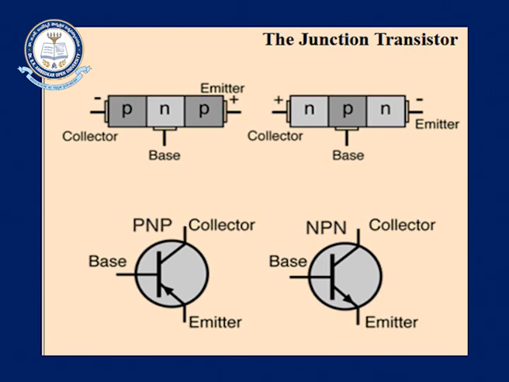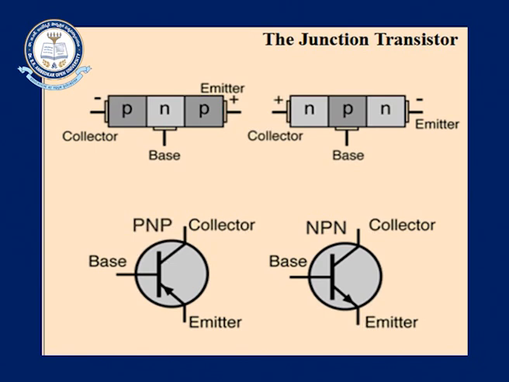In this 3 terminal PNP transistor, N is in the middle and the 2 edges are P. How many depletion regions are forming and how many PN junction diodes do we have? PN is one combination, so one PN junction diode. NP is another combination, another PN junction diode.